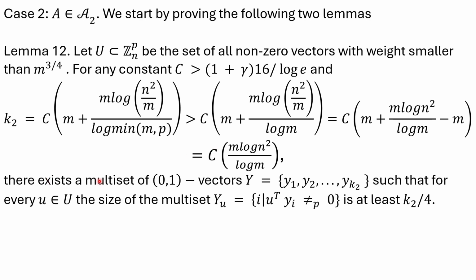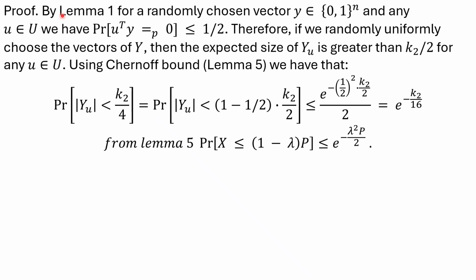There exists a multiset of 0, 1 vectors y from y1 to yk2 such that for every u that is in U, the size of the multiset yu, which is the indexes i for which u transpose yi is not equal to 0, is at least k2 divided by 4. Proof.